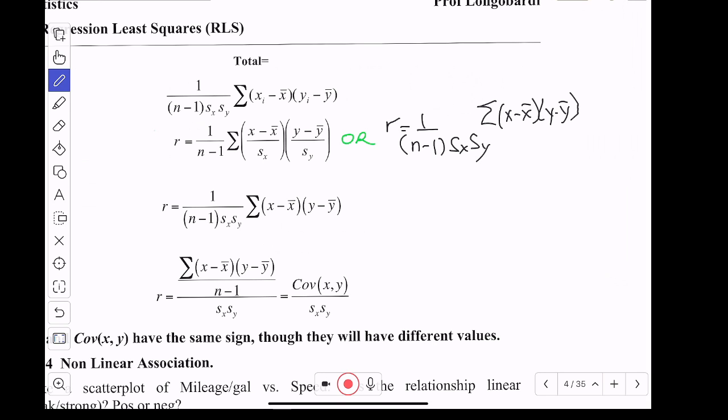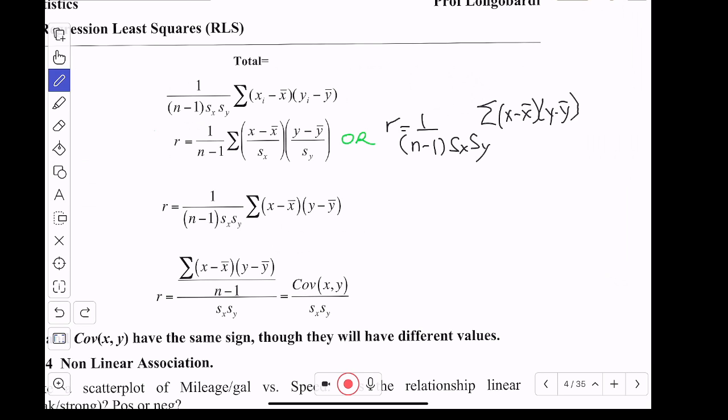So you can think about it like that, or that this is like an amount that's multiplying by this sum. This is the sum. Those are the same thing.